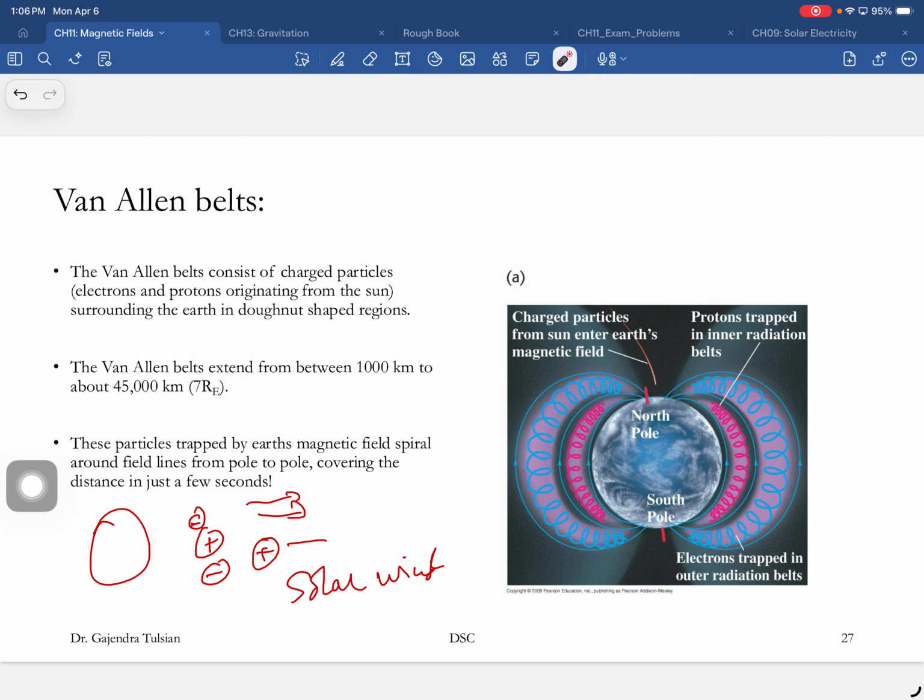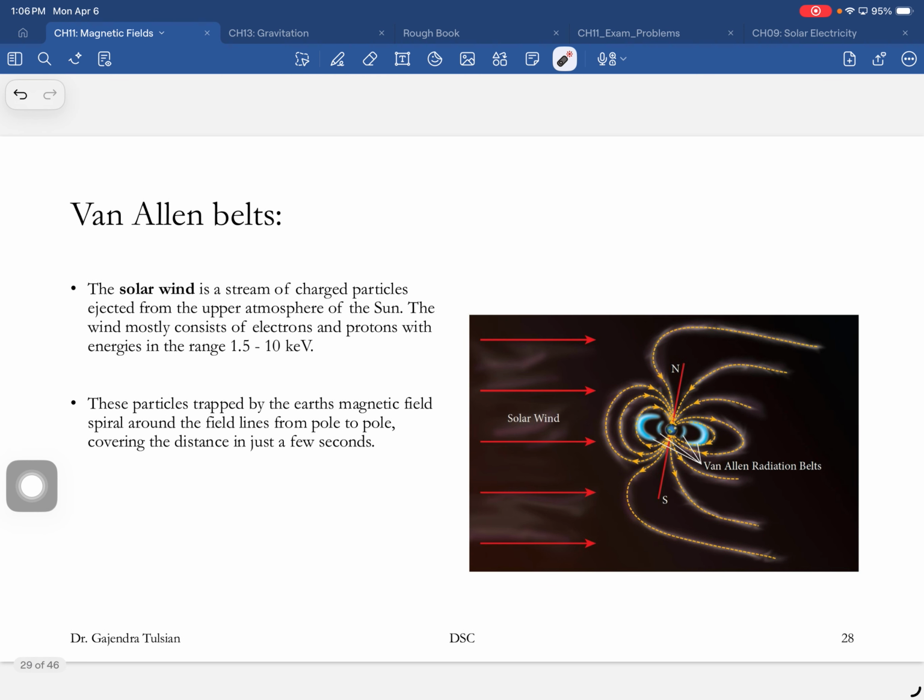They'll go back and forth from pole to pole in a matter of seconds. These particles trapped by the Earth's magnetic field spiral around the field lines from pole to pole, covering the distance in just a few seconds. And this is to scale, sort of. These are called Van Allen belts. Here's the Earth, and imagine a donut shape.